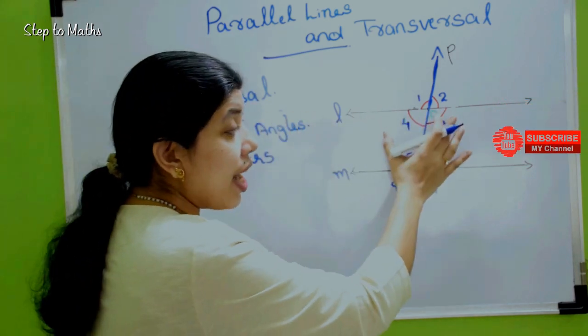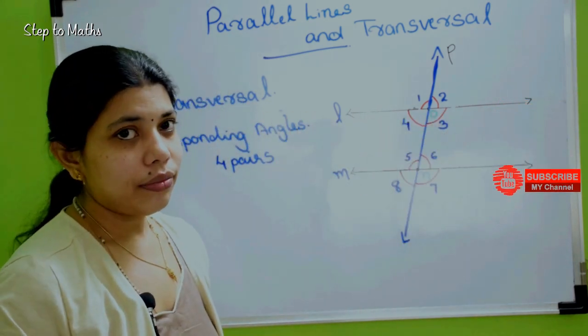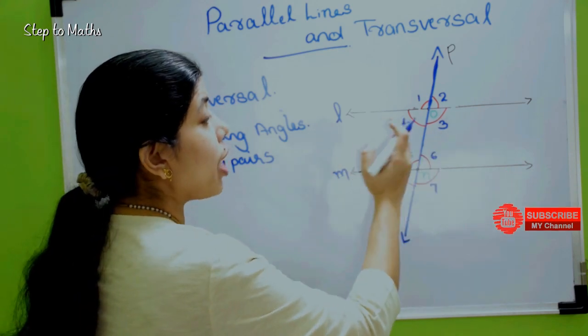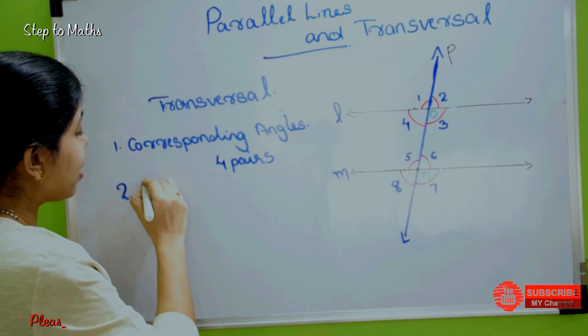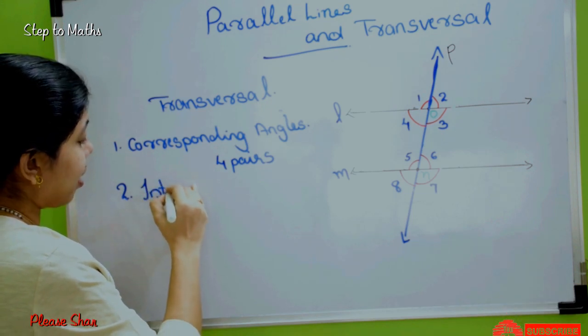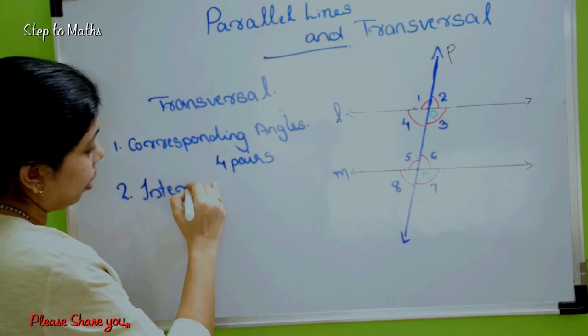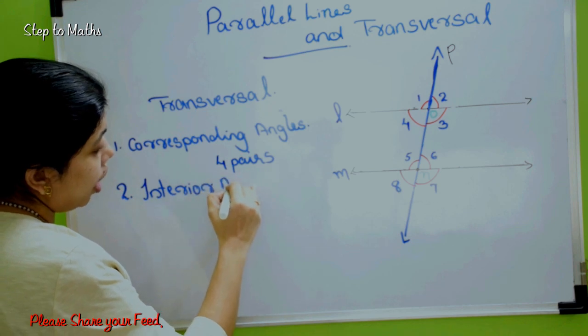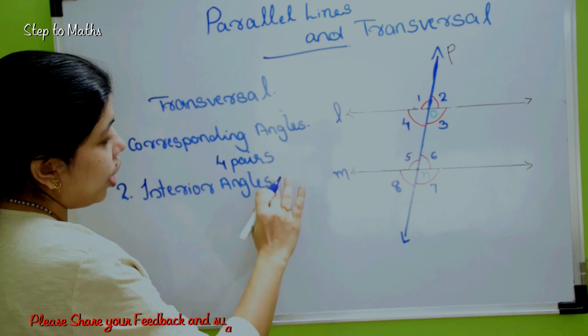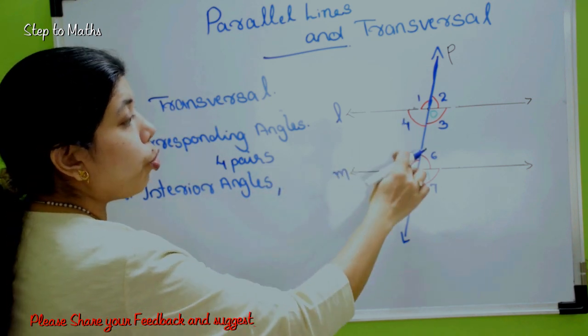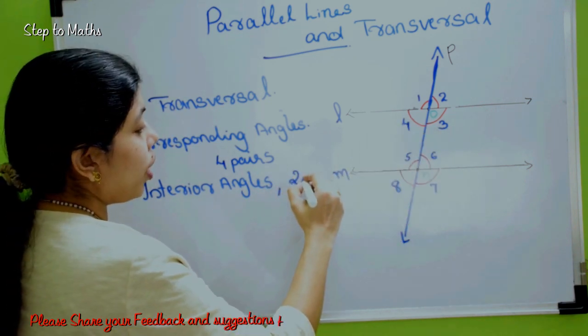If the angles are inside the lines and they are on the same side of the transversal, that type of angles are known as interior angles. So, 2 pairs of interior angles.